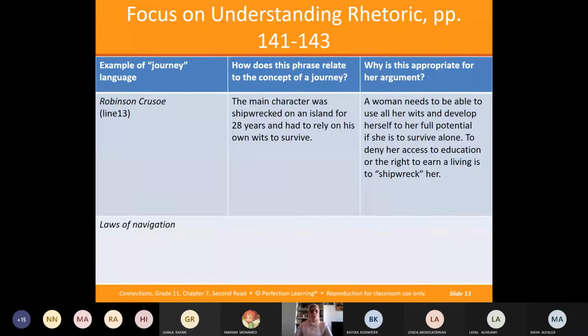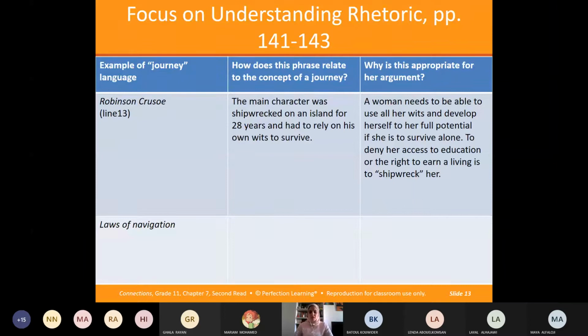In her speech, she mentioned Robinson Crusoe, and we said this is a novel written about a man who has been shipwrecked on an island for 28 years and had to rely on his own wits to survive. Why is this appropriate for her argument? She compared them: a woman needs to be able to use all her wits and develop herself to her full potential if she is to survive alone, like Robinson Crusoe, who survived alone on an island.